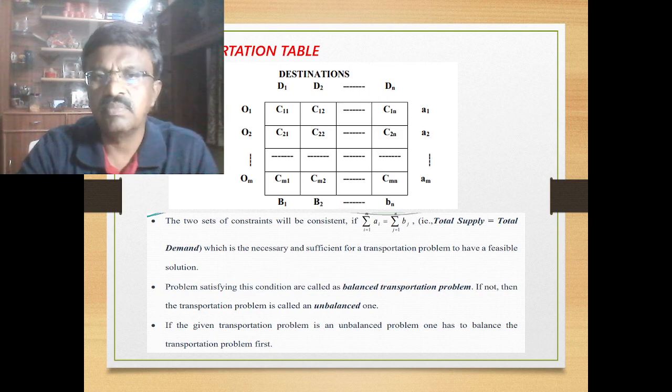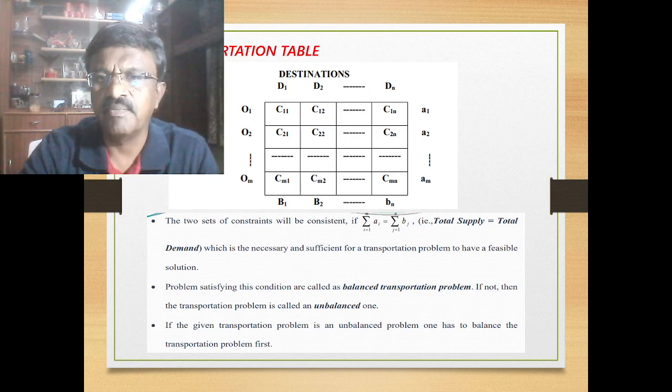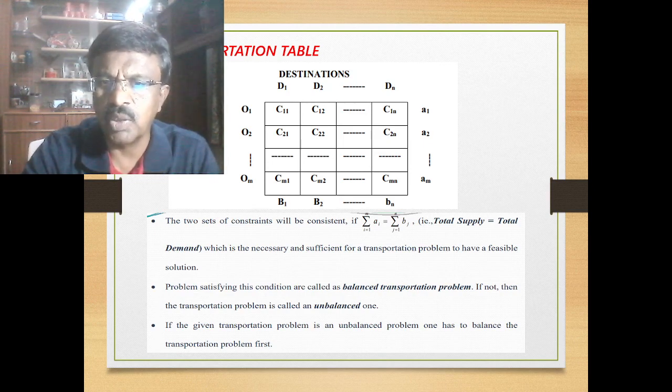First of all, before solving this problem, we need to check whether the total supply is equal to total demand. That is, sigma i equal to 1 to m ai should be equal to sigma j equal to 1 to n bj. If these two summations are equal, we say the given transportation problem is a balanced transportation problem.